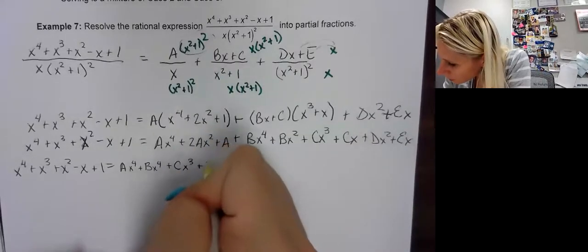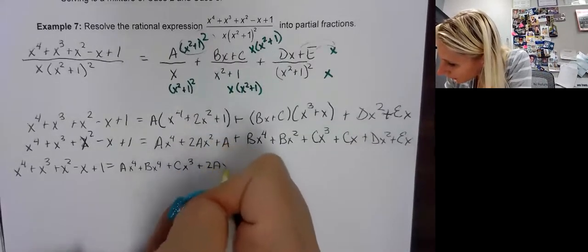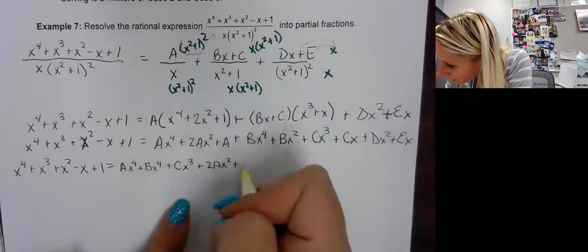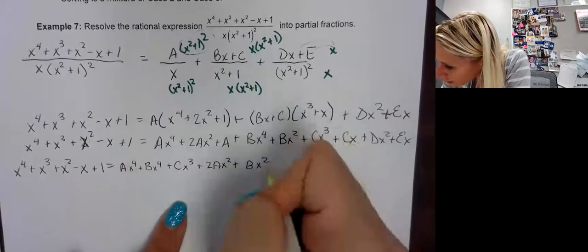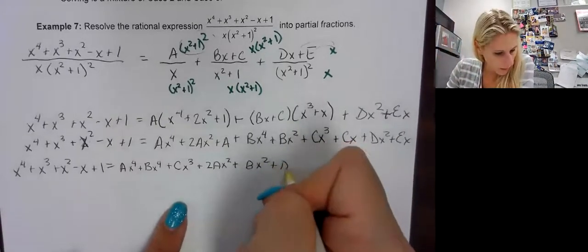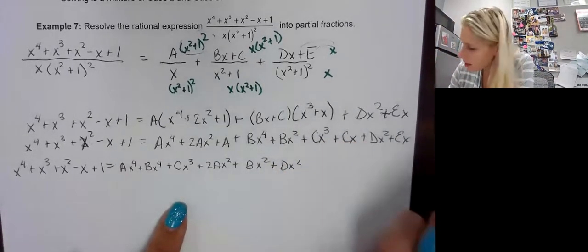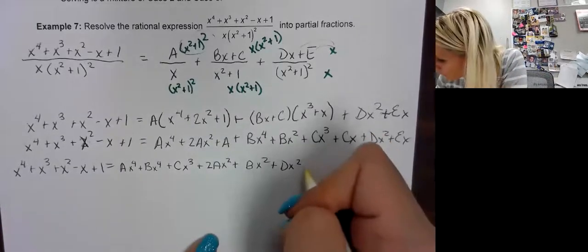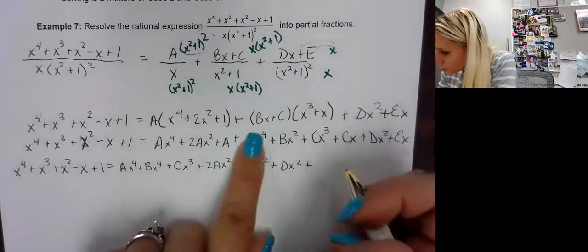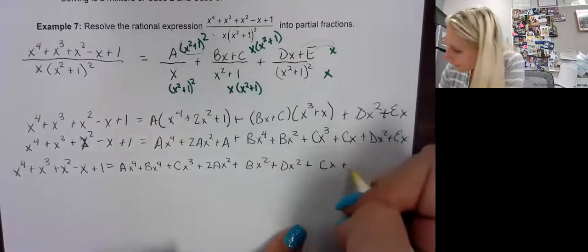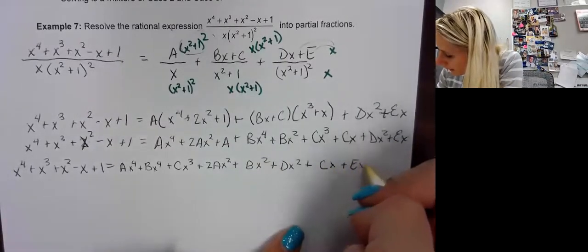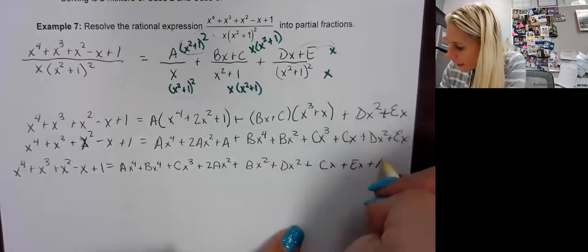So I get 2a x squared plus b x squared plus d x squared. Now my x's, so plus cx plus ex, and then our constant of a.